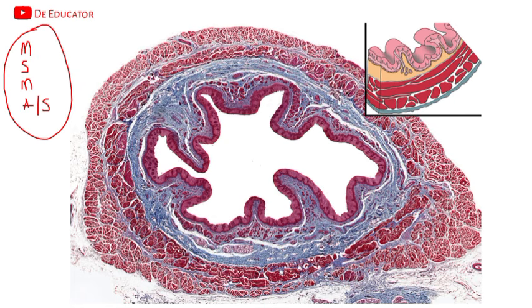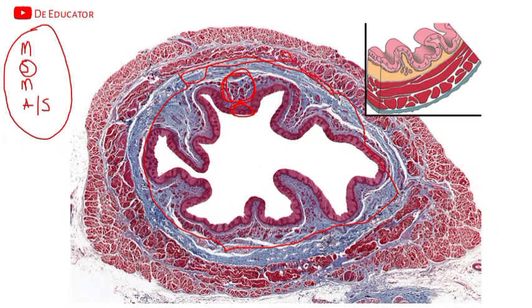Now this is the slide of the esophagus. How do we know this is the slide of the esophagus? If you look at this, remember this is the epithelium, and then we have these here to be the lamina propria. Then these here, going round and round, make up the submucosa.